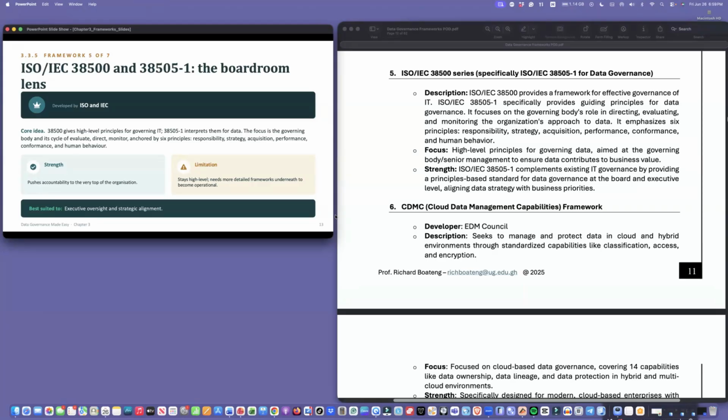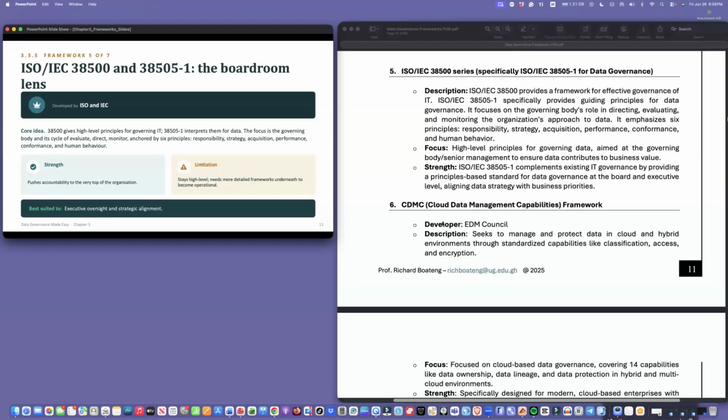So in principle, by the time we finish and accept this data governance framework, we know we're going to instruct the organization with the capacity and resources to be able to do so. So quite a number of institutions who are executive heavy may want to give executives an understanding of data governance, and this is the model they would like to apply. It gives strategic executive oversight so that it's aligned to the business priorities.